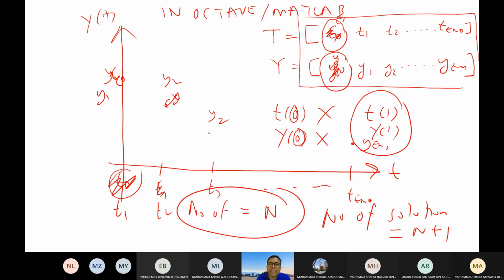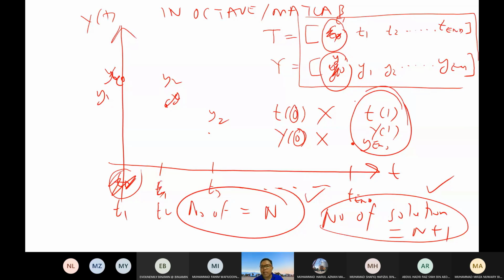Sebab dia bermula dengan 1 dan akhir dengan Tn, bilangan solution adalah n saja. Boleh? This applies when we want to develop the equation in Octave. We have to know this habit of the software, kalau tidak nanti kita akan salah kod.